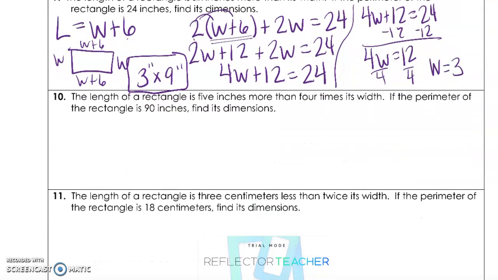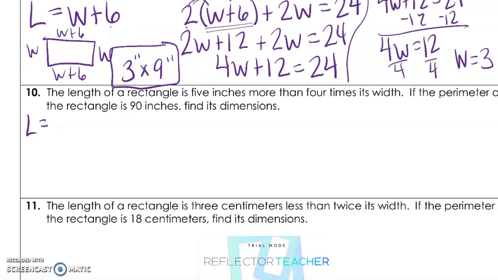Number 10, the length of a rectangle is 5 more than 4 times the width. So the length equals 5 more than 4 times the width. So 4W plus 5 is the way I'm going to write that. And to make sure I'm not going to run out of room, I'm going to write my first equation right here.